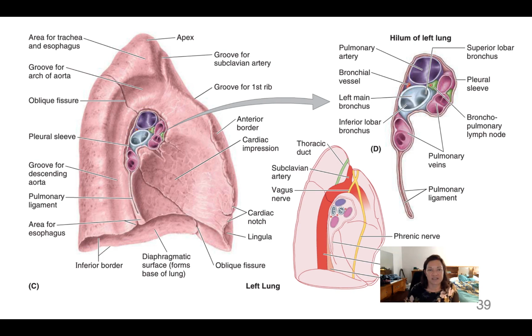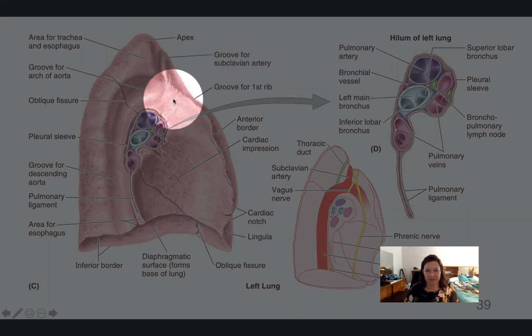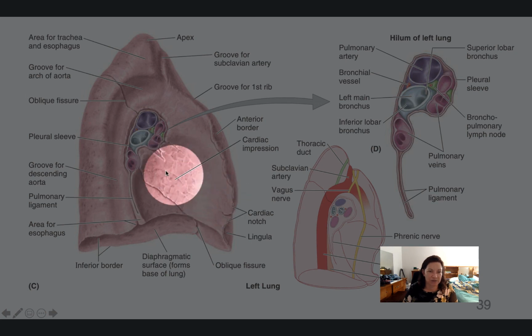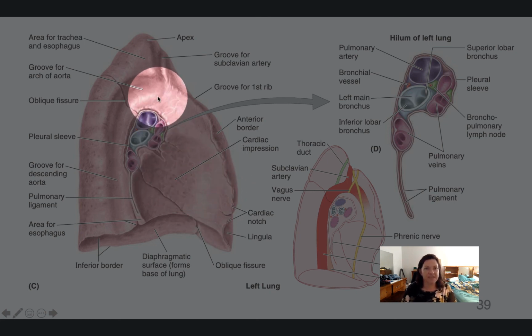The left lung in the same view looks quite different. So the biggest difference is the huge cardiac impression that's present on the left lung. And the space that is taken up is referred to as the cardiac notch. There's only one fissure. It is oblique, dividing 2 lobes, superior from inferior, of this lung.